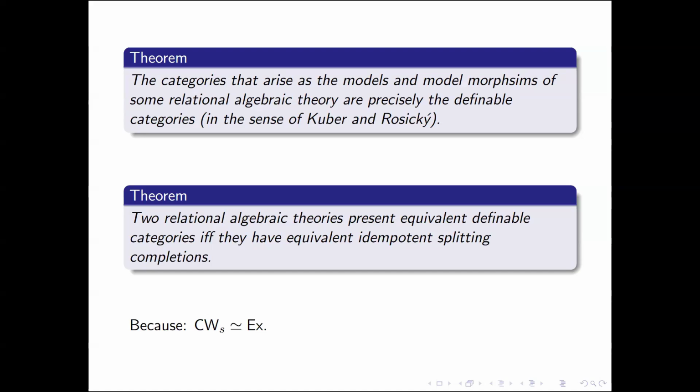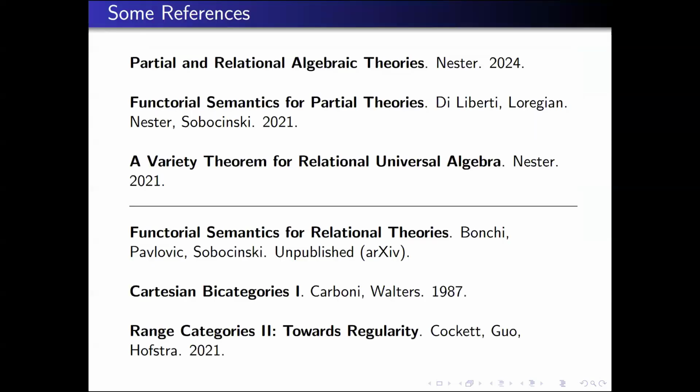Okay, so again, these relational algebraic theories, their morphisms and the lax monoidal transformations organize themselves into a strict 2-category, CW. If we restrict to those 0-cells with split idempotents, that turns out to be strict 2-equivalent to the category of exact categories, so regular categories satisfying a condition, and their functors. And that's all I wanted to say.